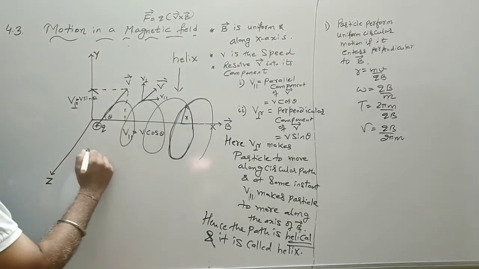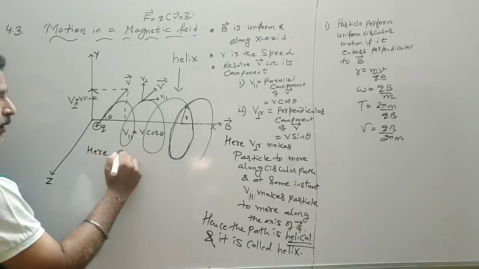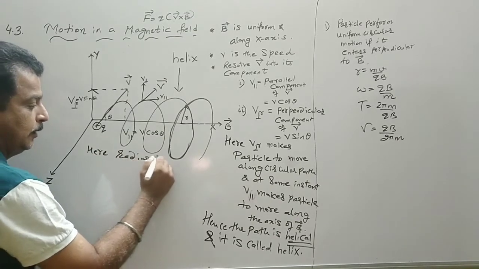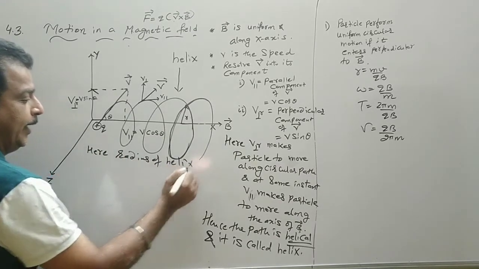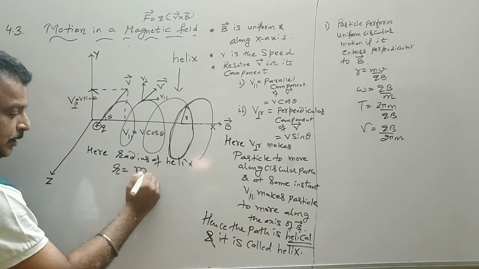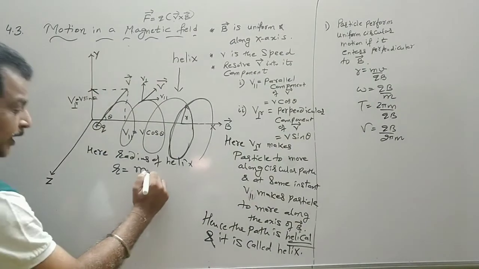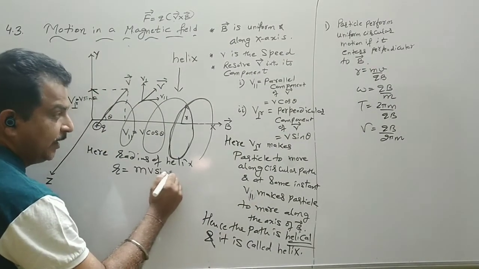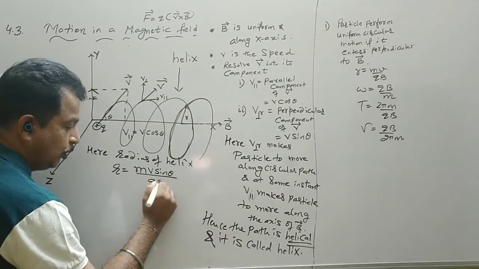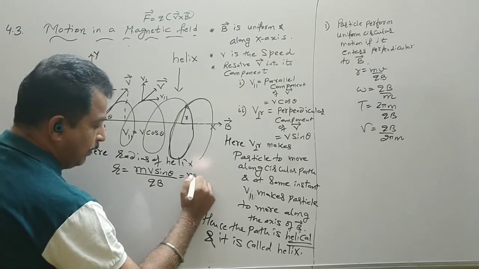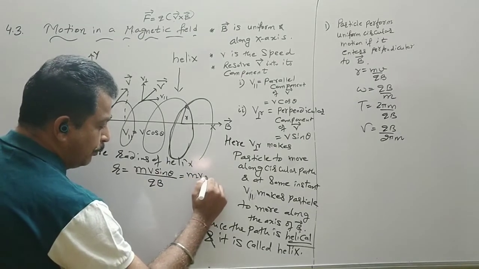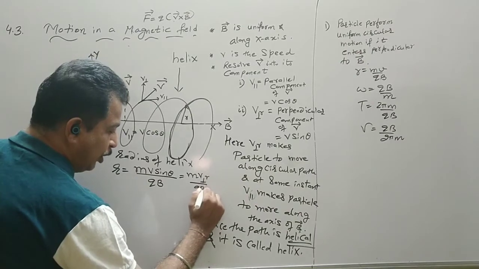So in this situation, here the radius of the helix formula R becomes m, in the place of v, we simply write v sin theta upon qB, or you can remember like this, m times the perpendicular component upon qB.